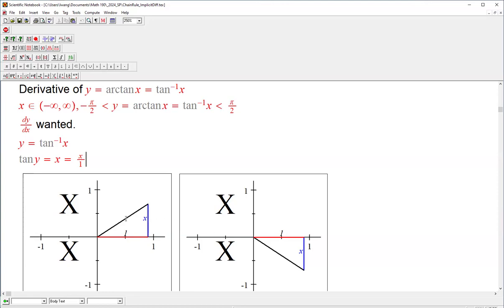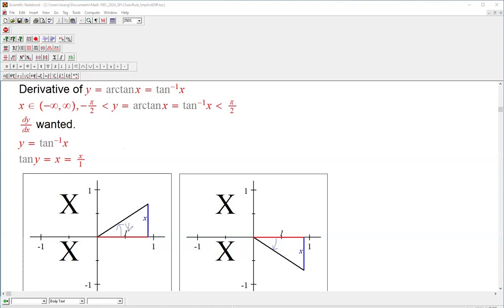The angle could be this angle, or it could also be the other angle, but it cannot be any angle that terminates in quadrant 2 or quadrant 3. That's the nature of arctangent. So that's why we cross out those other 2 quadrants.